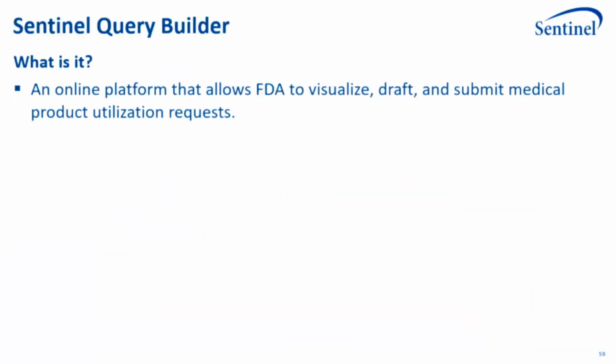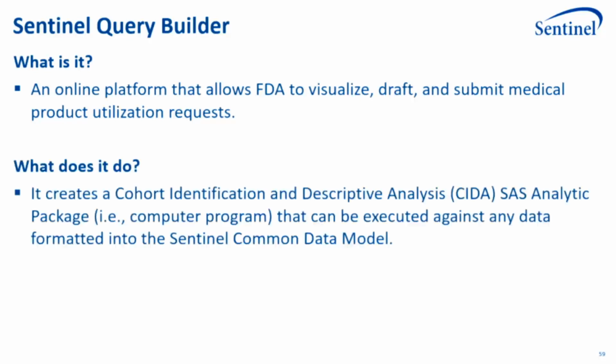And so we're going to use a web-based tool that we've just started developing and experimenting with, and we'd love to get your feedback seeing it today. This is an online platform, a web-based tool that allows the FDA to visualize, to draft, and to submit particular medical product utilization requests. It creates a CIDA package basically in the background.